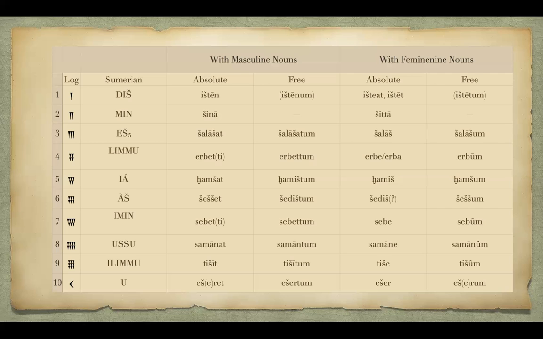So if your name is Louis, for example, you may have this downward strike, the Sumerian sign for the number one, and then Louis right after. The way we'd read it in transcription is a superscripted lowercase m. That's going to be your determinative use of this logogram for the number one.